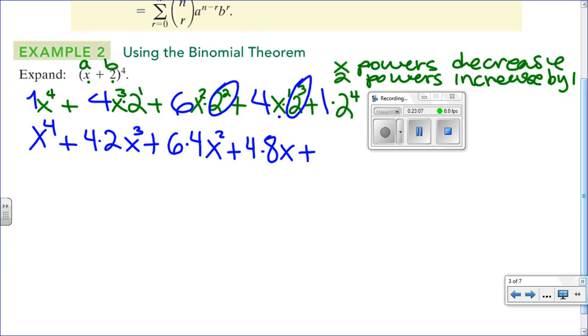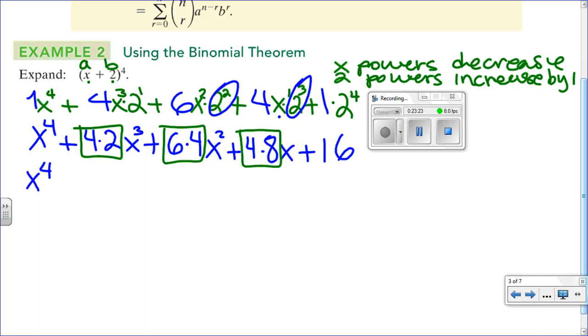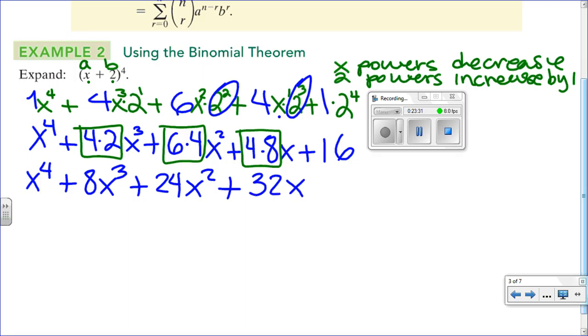And the last one will be 2 to the power 4, which is 16. Then we still need to simplify a little bit more because right here we can multiply, and multiply here. So the final answer will be x to the 4 plus 8x cubed plus 24x squared plus 32x plus 16.